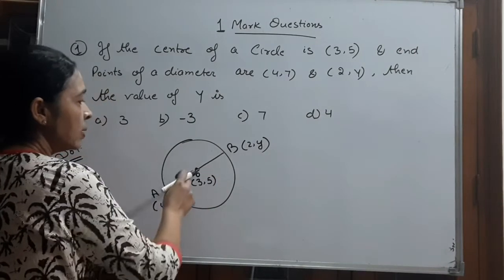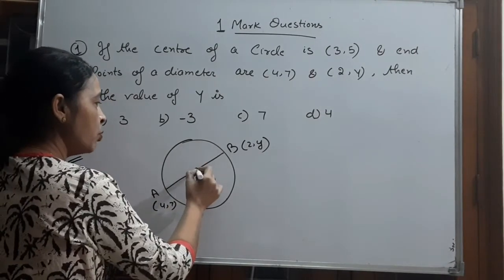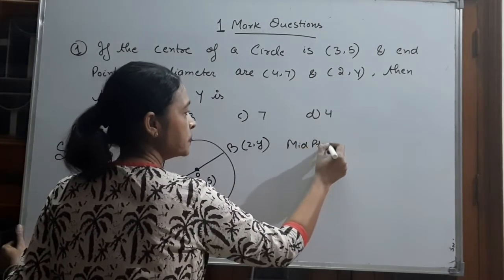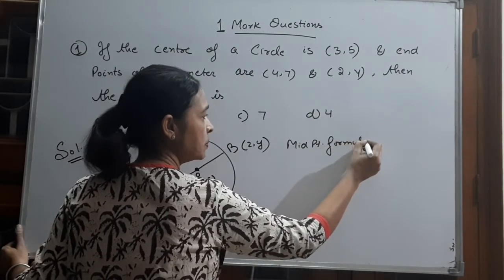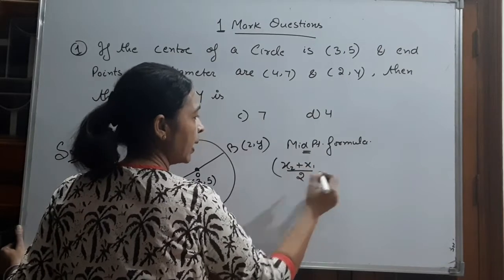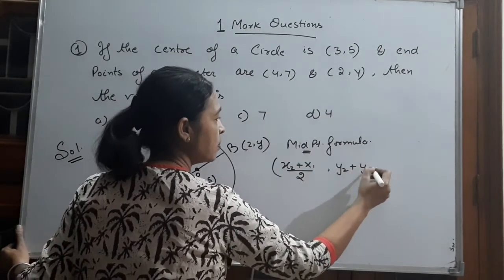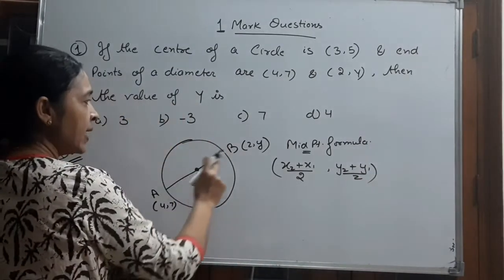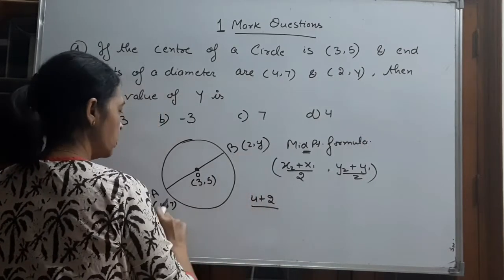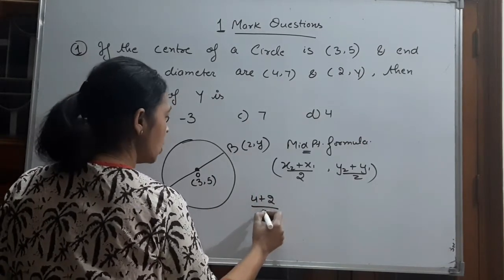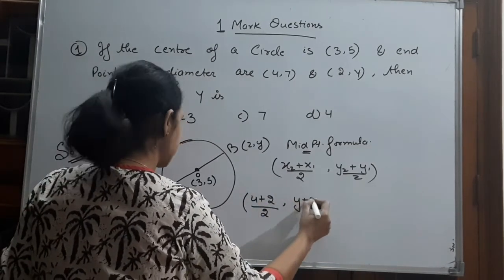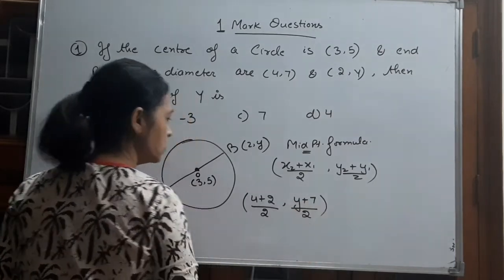As we know, the center is the midpoint of the diameter. As per our midpoint formula, what is the midpoint formula? (x2 plus x1) upon 2 and (y2 plus y1) upon 2. For the x coordinate, 4 plus 2 upon 2, and the other one will be (y plus 7) upon 2.